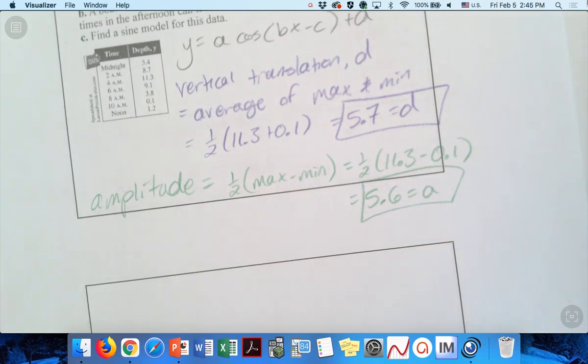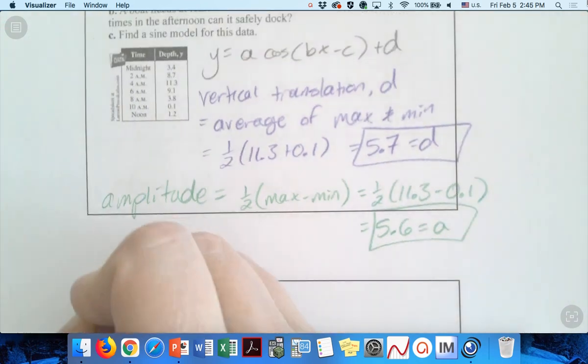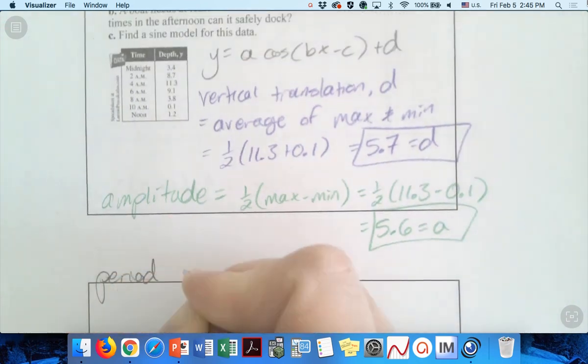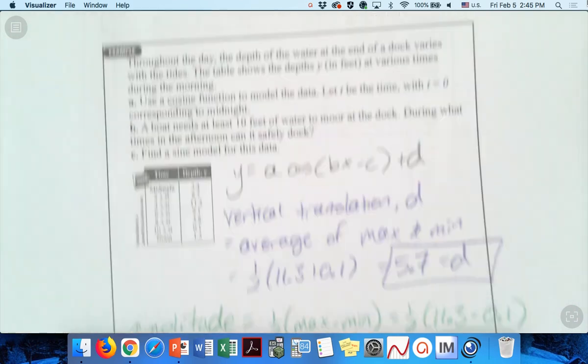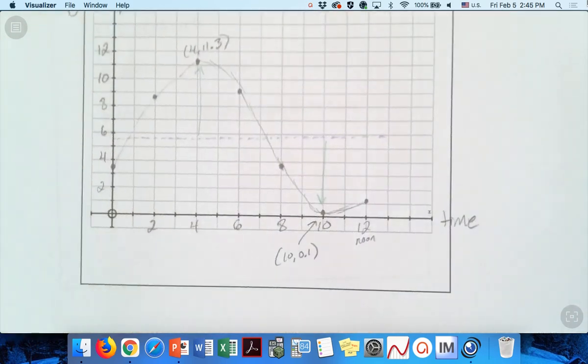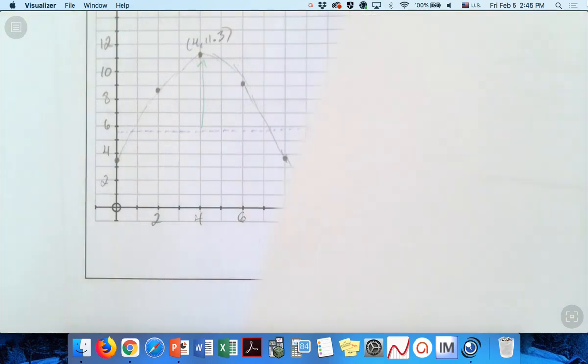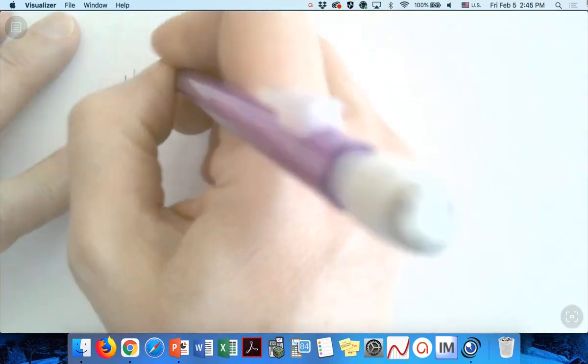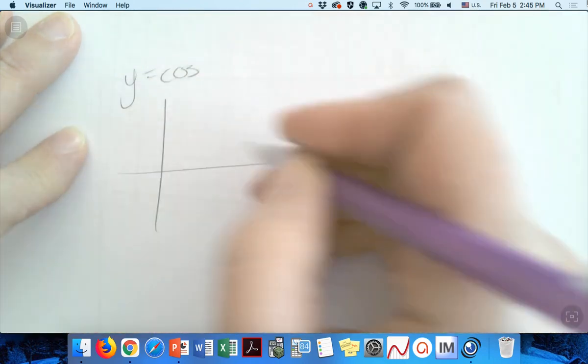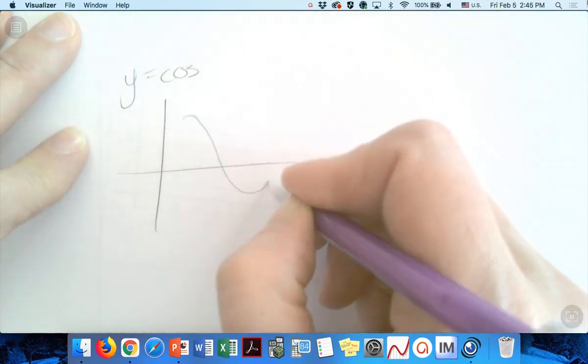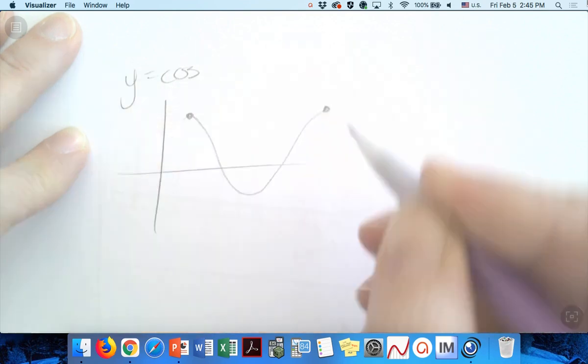Let's talk about then the period. Now, before we talk about the period of this particular function, let's again look at our mother function for a cosine curve. So it starts high and ends high, right? So you've got a maximum and a maximum.